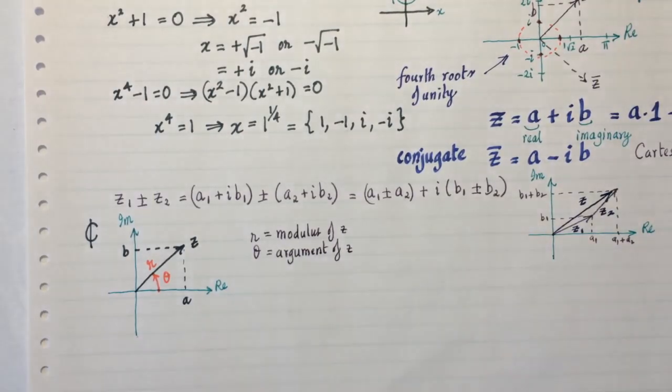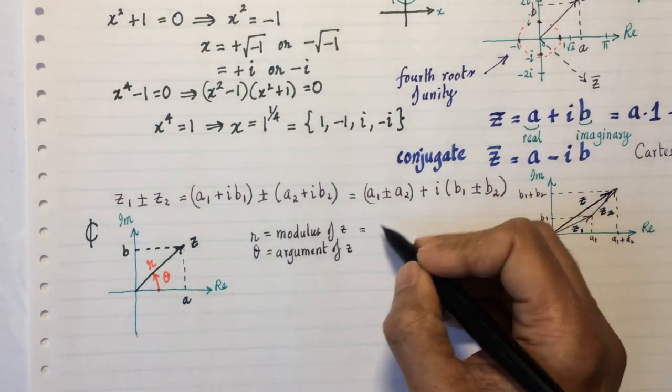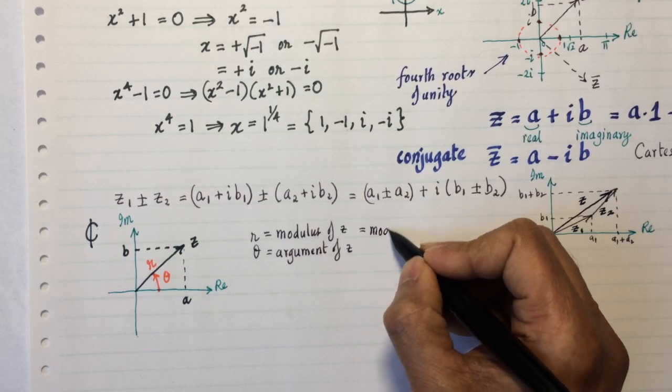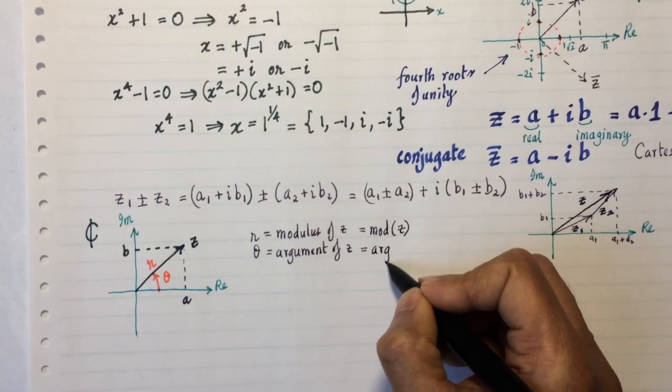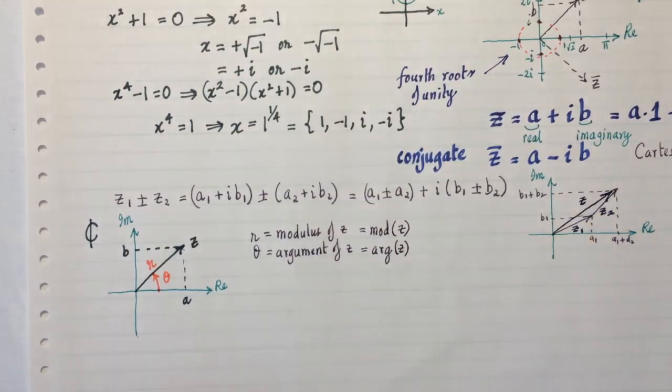These are words left over from the early development of complex numbers. You may or may not want to use them, but textbooks usually have these symbols sometimes: Arg z for the argument and mod z for the modulus.